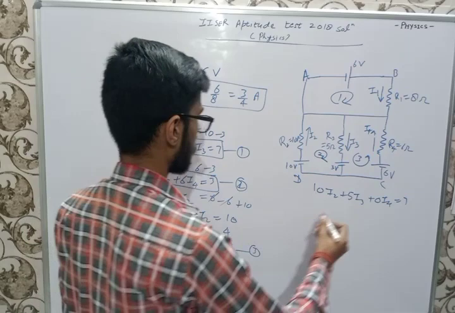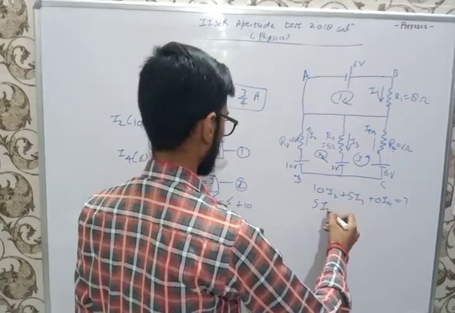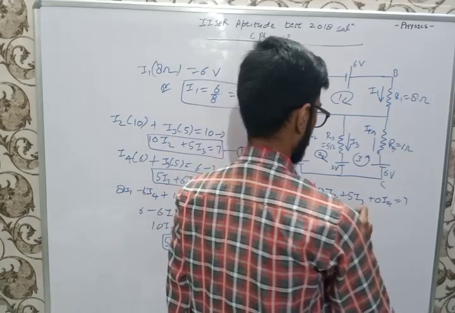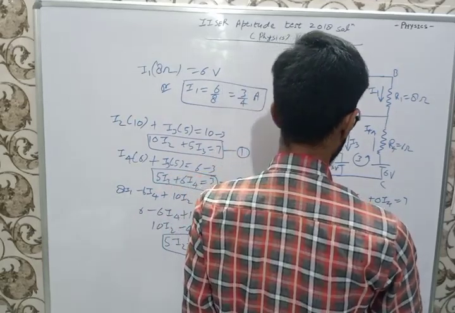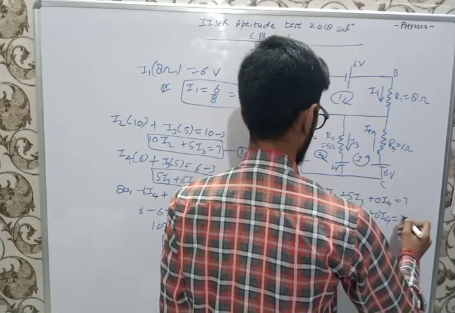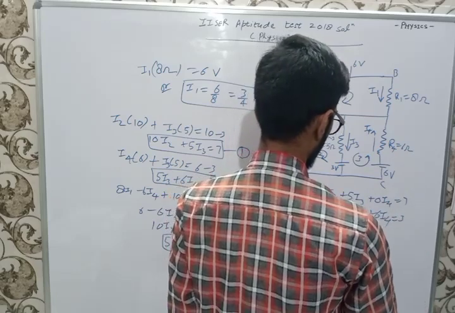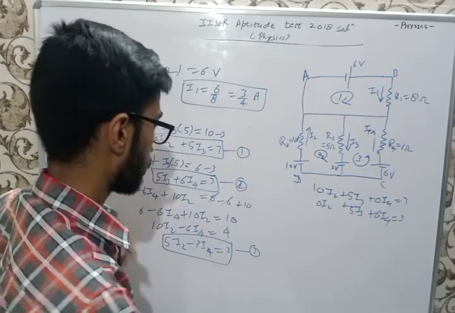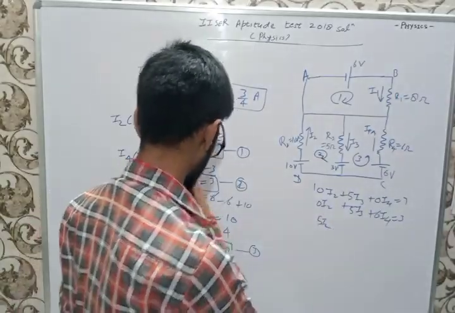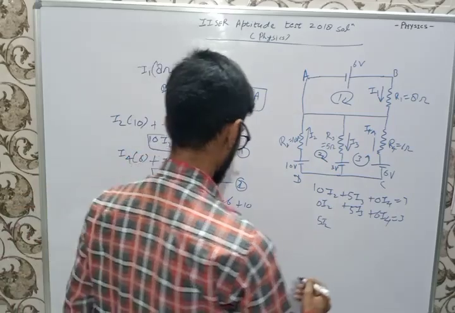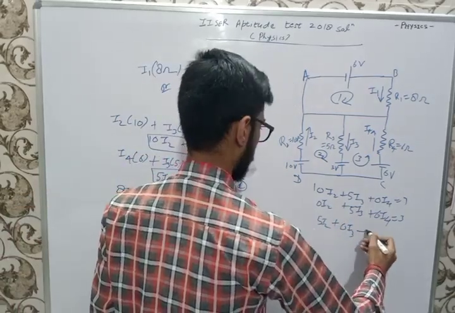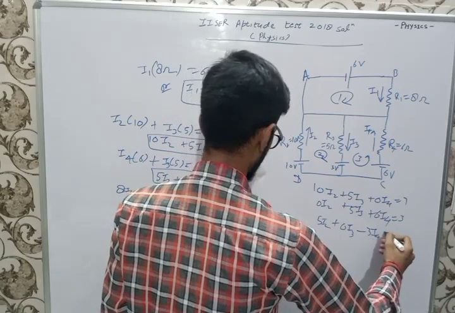The second equation is 0 I2 plus 5 I3 plus 6 I4 equal to 3. And the last equation is 5 I2 plus 0 I3 minus 3 I4 equal to 2.